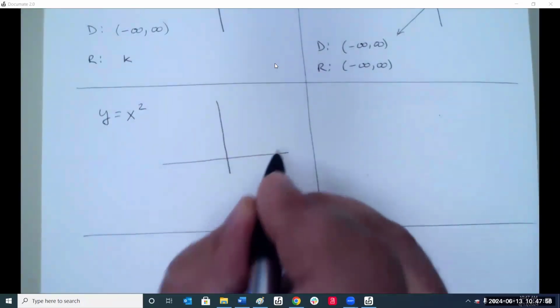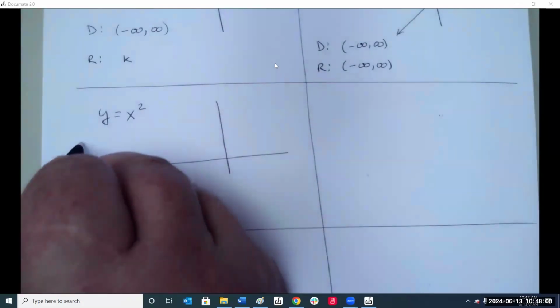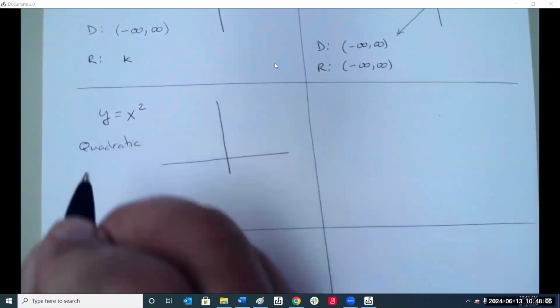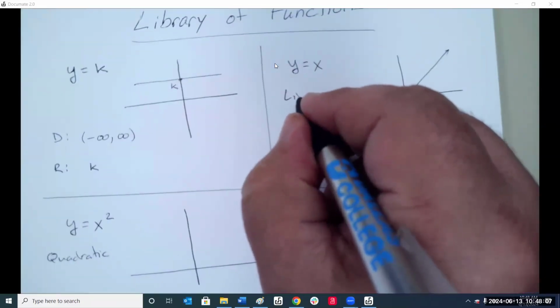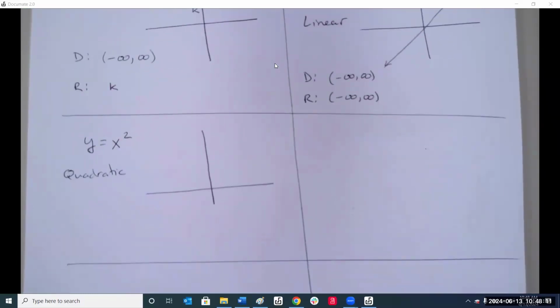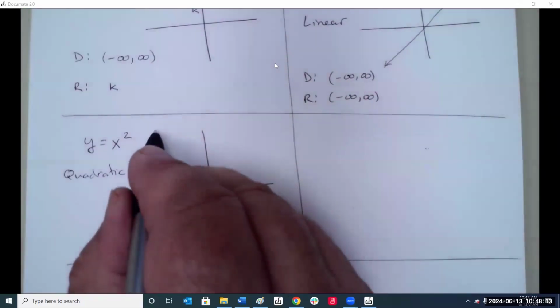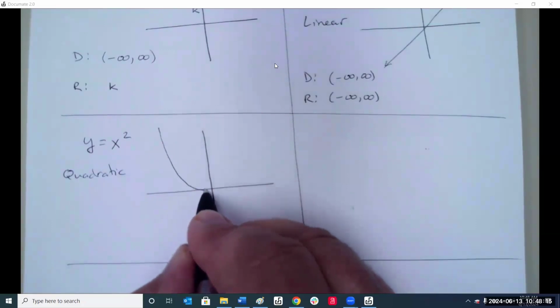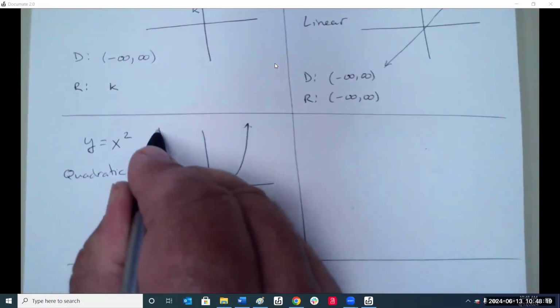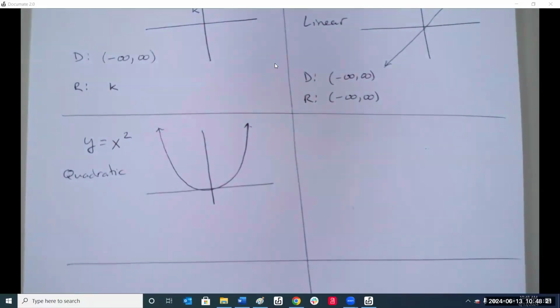This is called a quadratic equation. This one up here is called linear. Quadratic equations look like that.